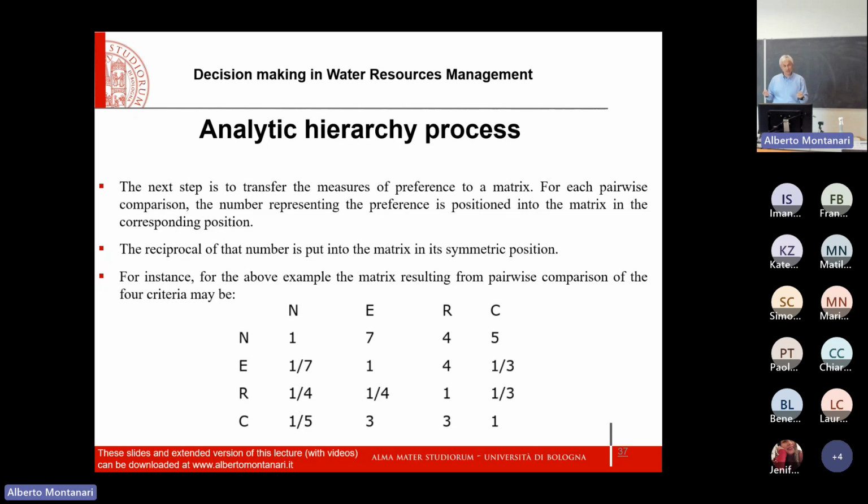Fortunately, we have a mathematical procedure that allows us to check whether or not the matrix is consistent. And this is a mathematical procedure, so it's very objective. It is a test. If the test fails, we have to go back and change it. The problem of this test is that it's a bit complicated: how to compute it, how to perform it.